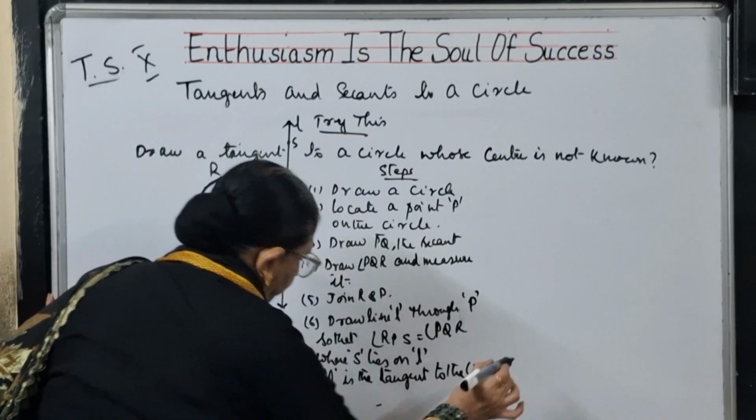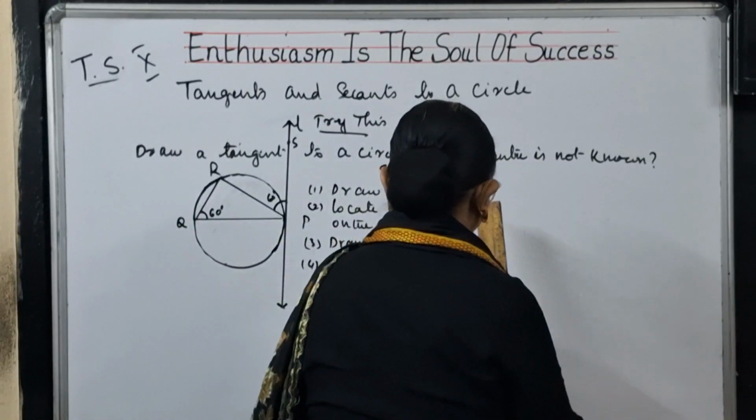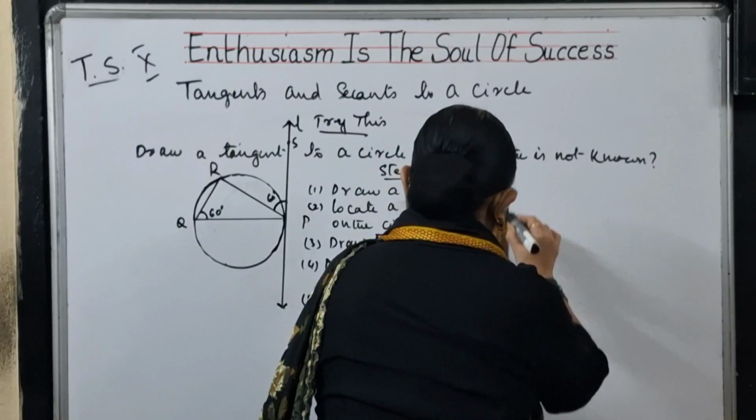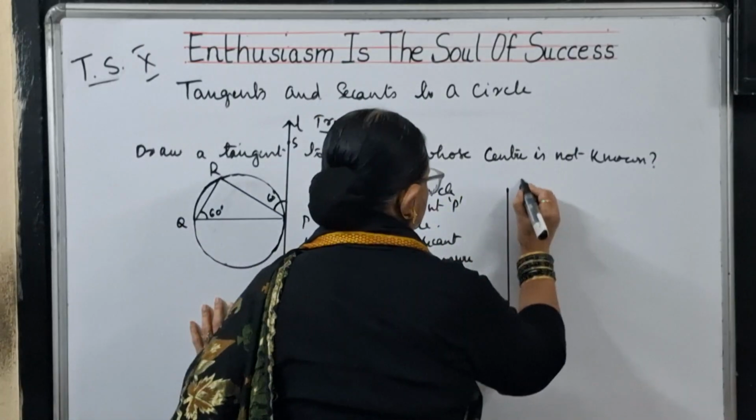This is how you say, children, but you need to give your proof. Is it really a tangent or not? Now let me write the proof.